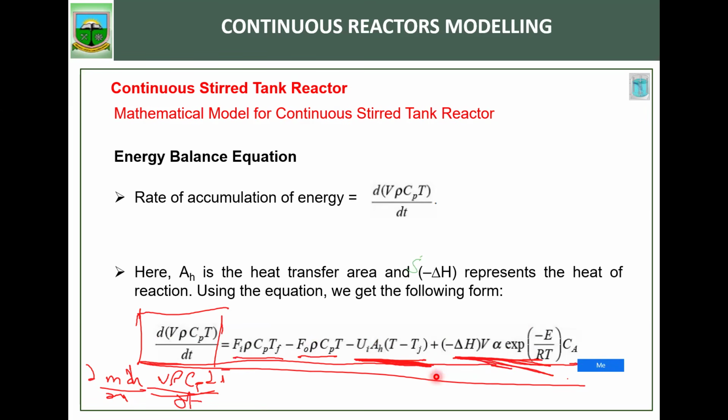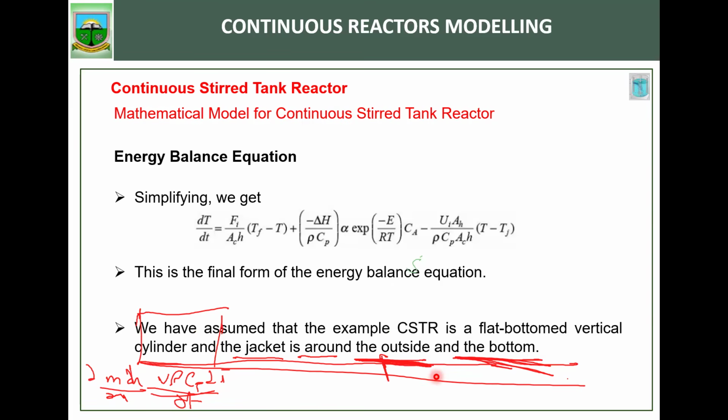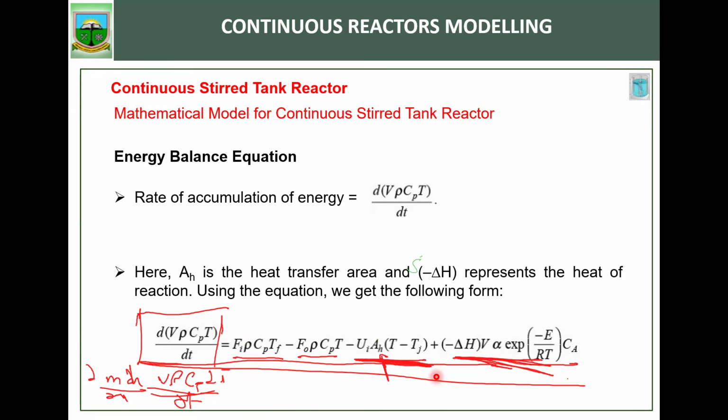You just have to find the area. We know they said it's a flat-bottom reactor, so the area will be specified. I'll show you how to calculate it after that.